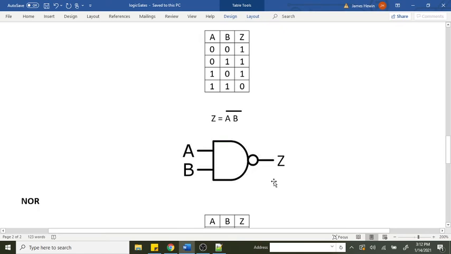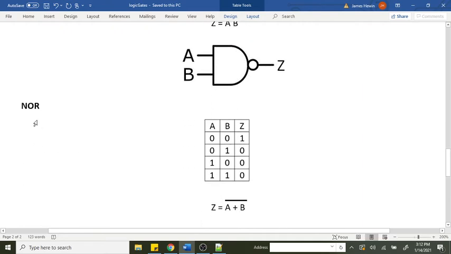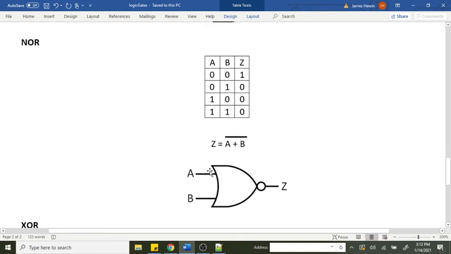And as you can probably guess, for the NOR, it's the same as the OR with an inverter. So we've got the OR gate with a bubble on the output. And so if we look at the NOR gate truth table, 0 ORed with 0 would be a 0, but then I invert that to a 1. And then all the other rows, I have at least one 1 in the inputs.